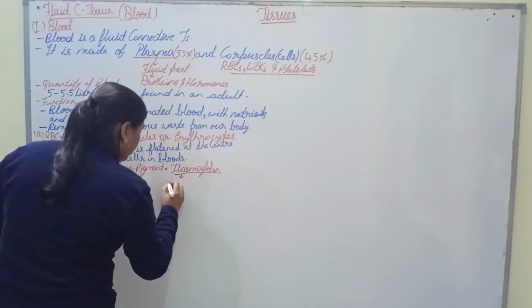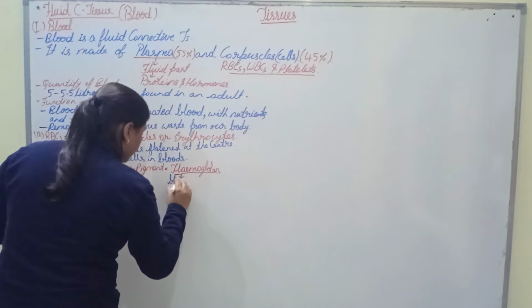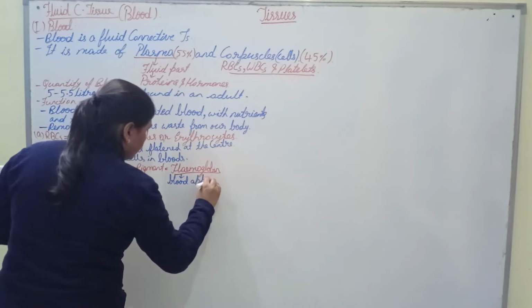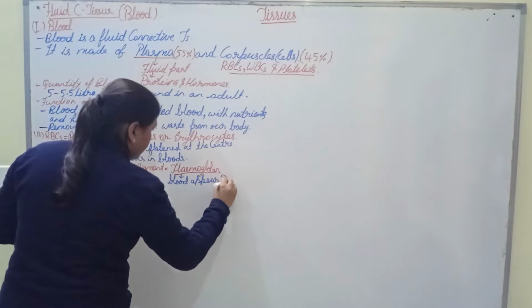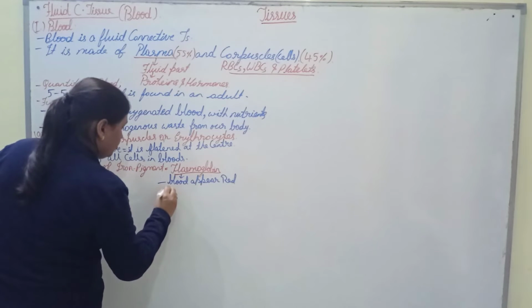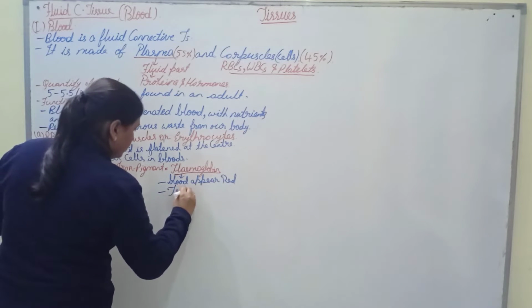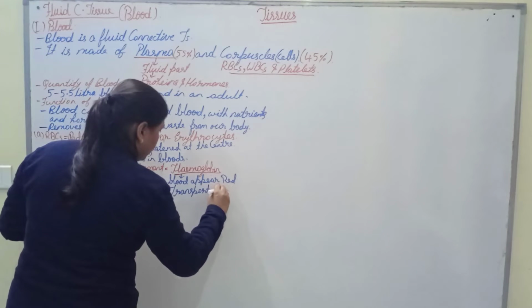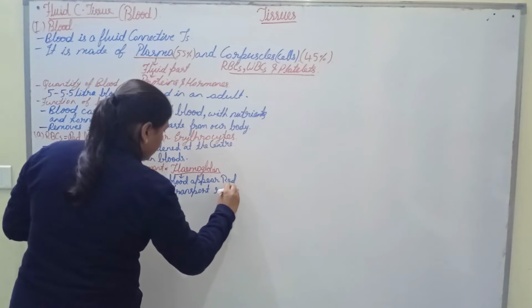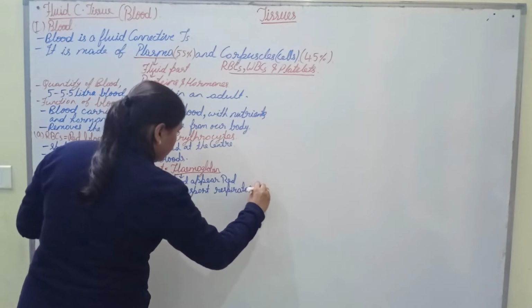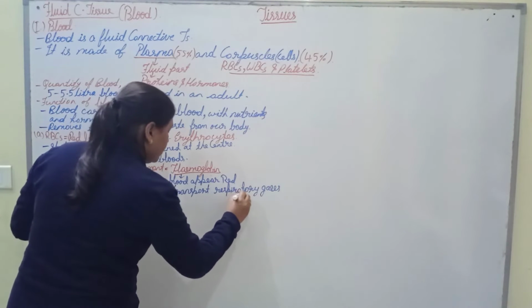Because of this hemoglobin, blood appears red, and this hemoglobin transports respiratory gases, that are oxygen and carbon dioxide.